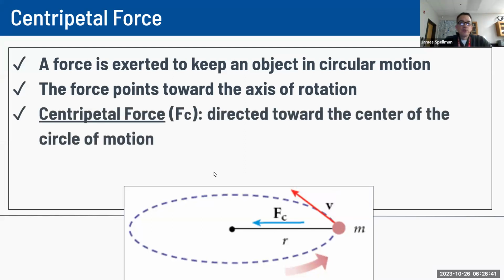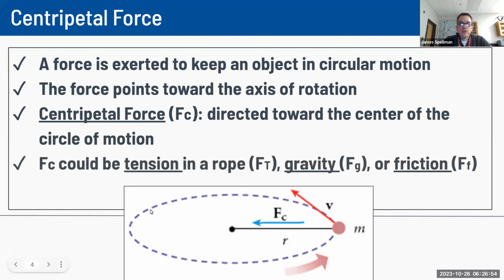I mentioned earlier the word centripetal is going to be important here. Centripetal force is the force that's directed towards the center of the motion. It can be represented with a capital F and a little c, the capital F for force, the little c for centripetal. The centripetal force can be a number of things depending on the situation. Tension in a rope, for example, if you're swinging something around, could be pulling it into the middle. You could have gravity.